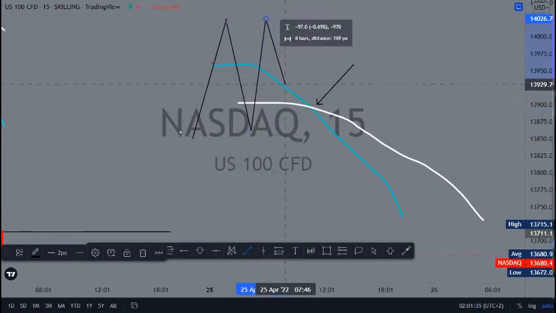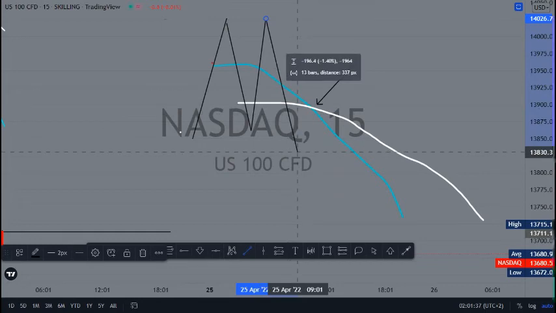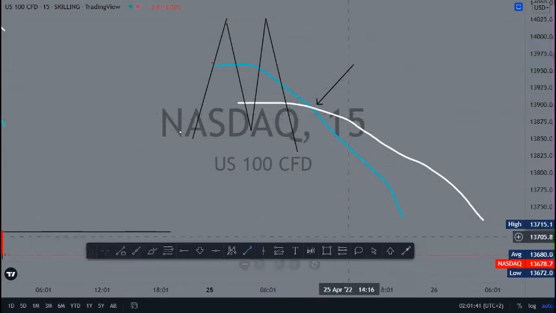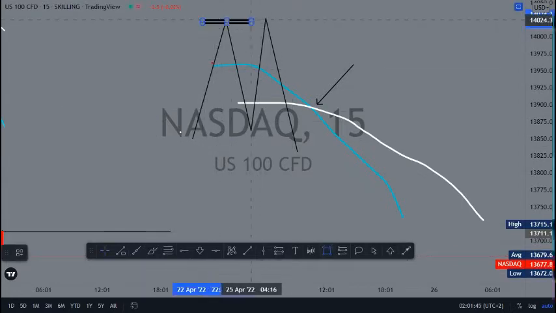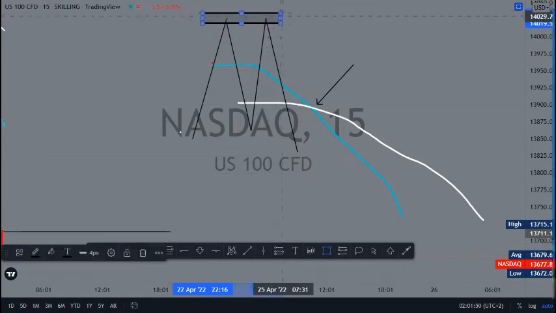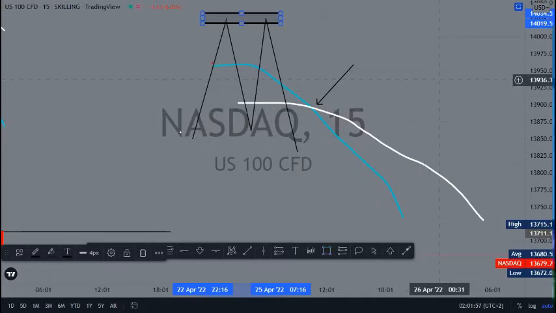For example, I'm going to get my peak formation high, which is like this, and then I'm going to draw this zone, which is my resistance.